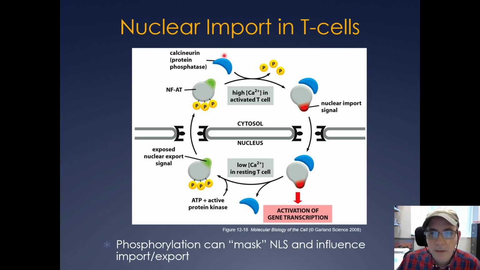And then once again, it's going to encounter the protein phosphatase, which removes the phosphate. And so certain transcription factors can cycle in and out of the nucleus depending on the needs of the cell. Okay, and you can think of the phosphorylation as masking the nuclear localization sequence, and that can influence the import and export.